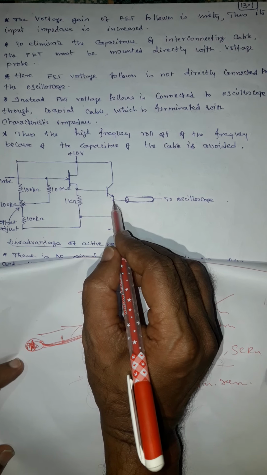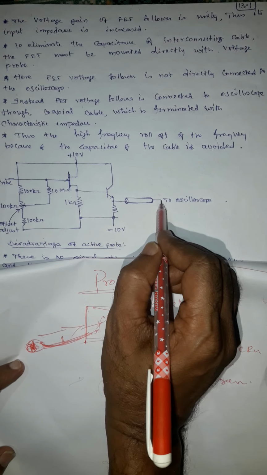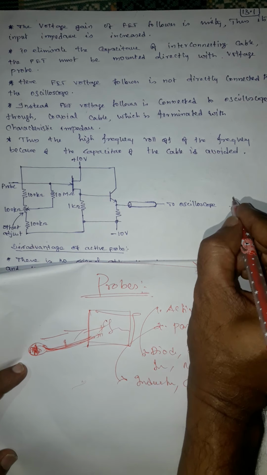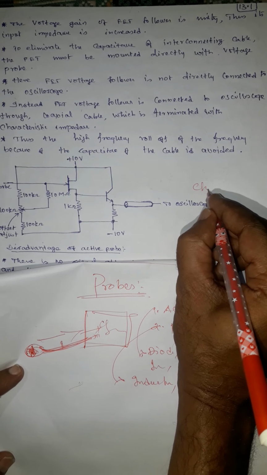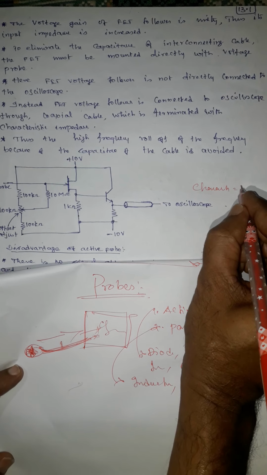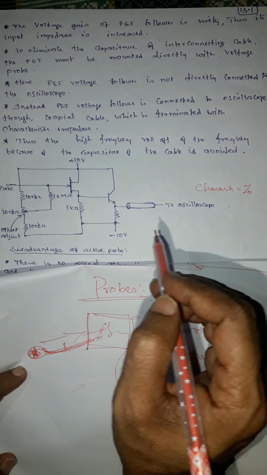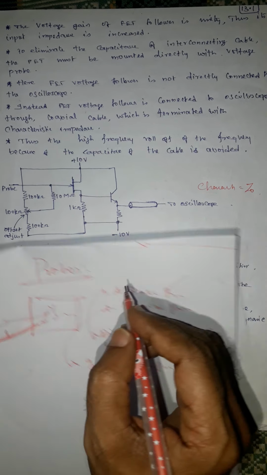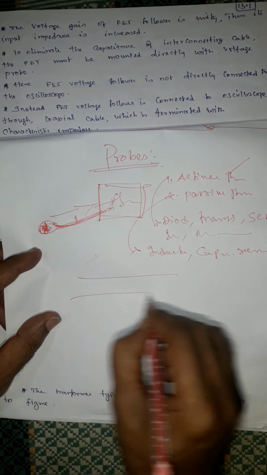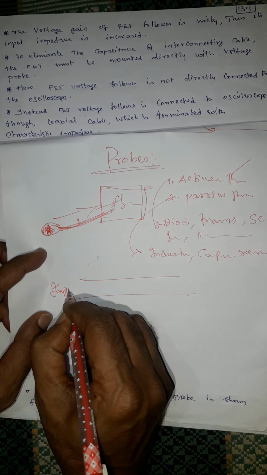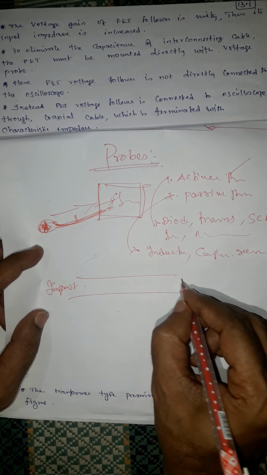Here, instead of connecting simply through a coaxial cable, it must be terminated with the characteristic impedance, that is Z0. Usually you study the characteristic impedance in transmission lines and waveguides. Suppose you have a transmission line, this is the input stage, this is the output.